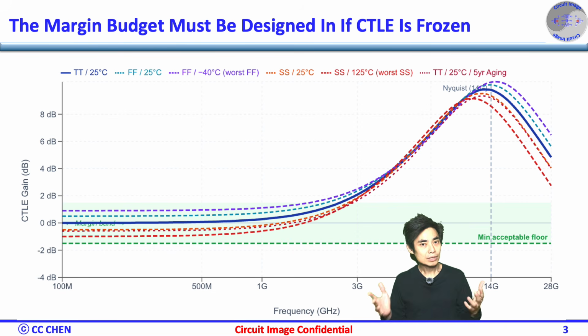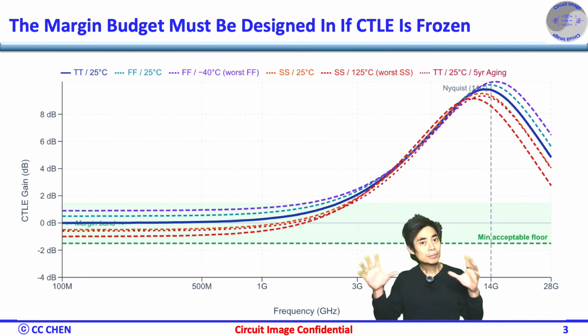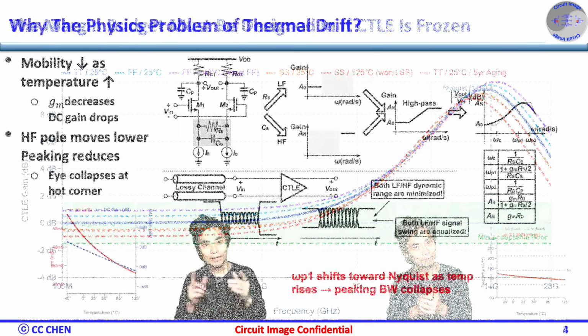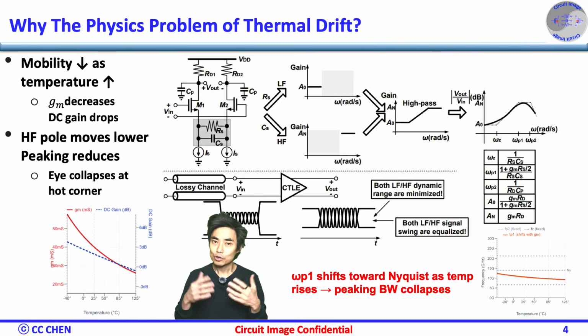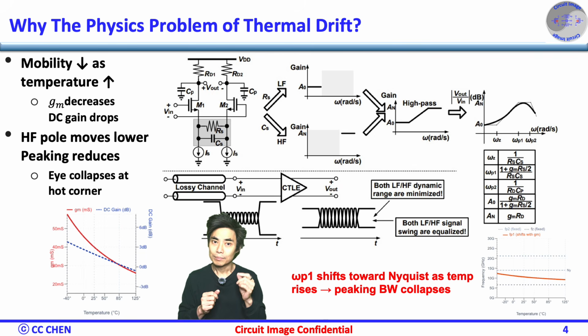A good frozen CTLE isn't one perfect response curve at typical conditions. It's a family of curves that remains acceptable at worst-case corners. The high-frequency behavior of a source degeneration CTLE depends on gm directly, and gm depends on mobility and bias current.